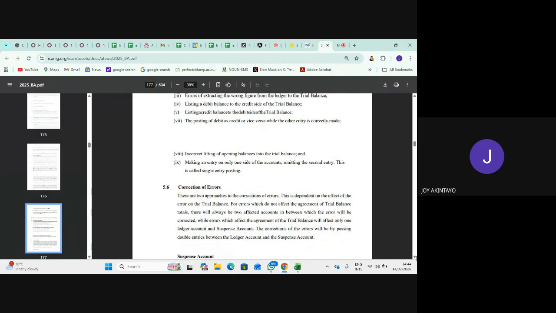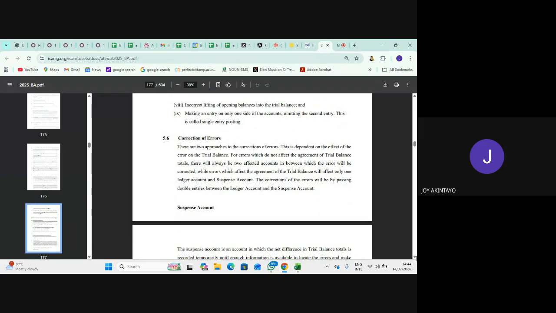Are we together? So the correction of errors will be by passing your double entries through the affected ledger and your suspense account for errors that affect trial balance.